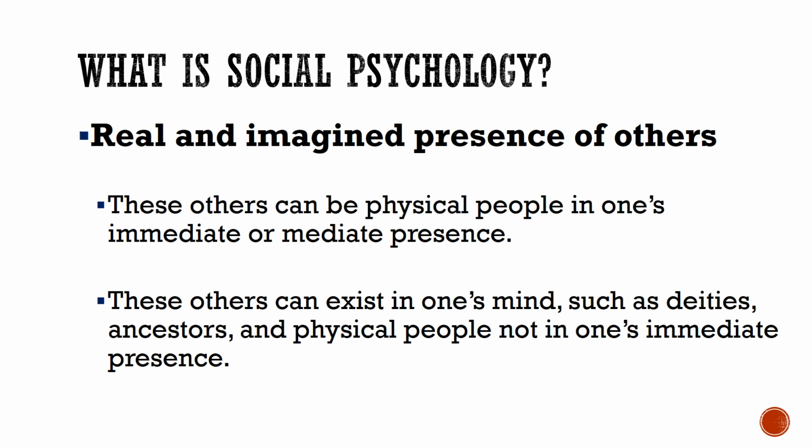I probably don't have to tell you that deities have influenced many people's behavior throughout history and today. And if you've ever asked yourself, what would Mama think if I did X when Mama wasn't around, you were being influenced by her even though she wasn't in your physical presence. She was just in your mind.